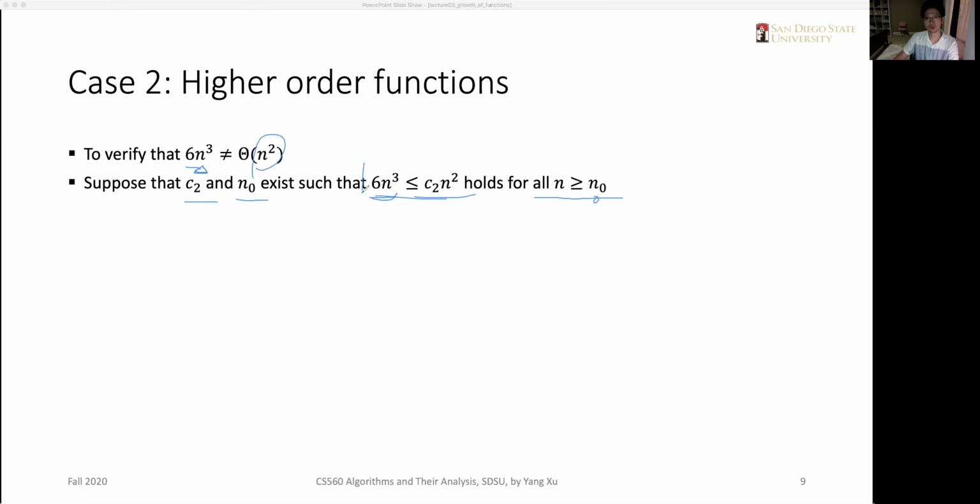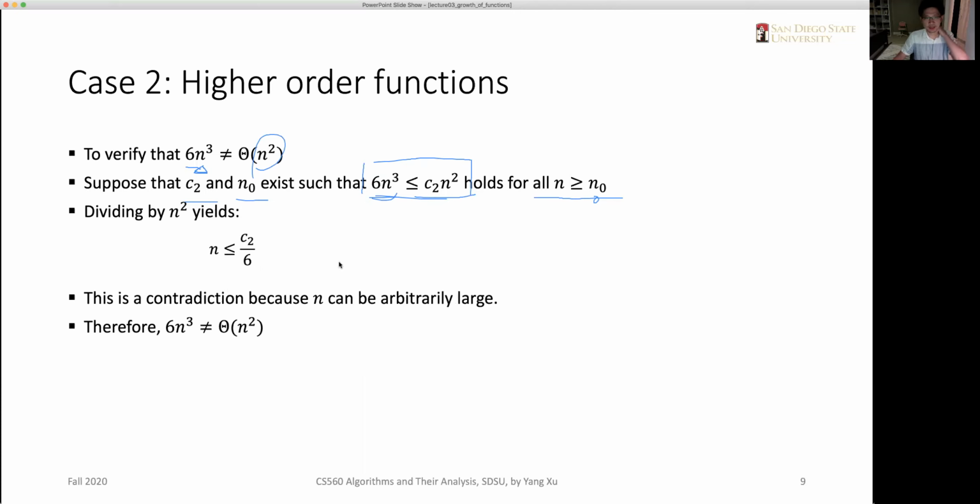So now we've got an inequality. We can simply divide n squared on each side, and then we've got n should be smaller than C2 over 6. But notice that n can be arbitrarily large, any large number that's greater than n0.